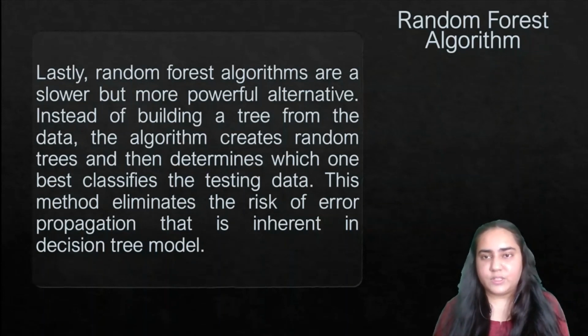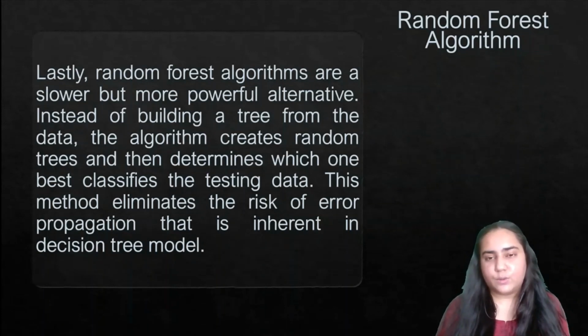So instead of creating one tree, random forest is going to create many trees and then try to see which one of those trees is the best fit. That way it reduces errors, and at the same time it gives you the best fit tree that is required, but it's also slower because it creates so many trees.